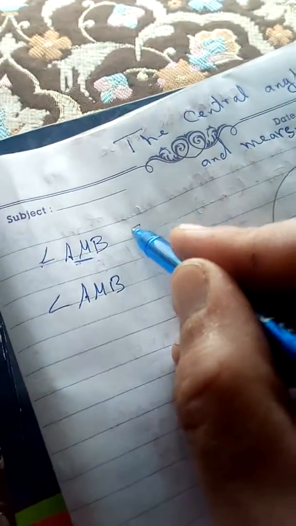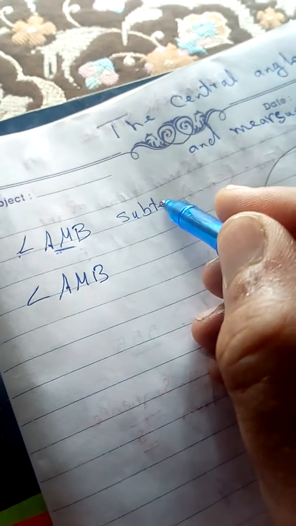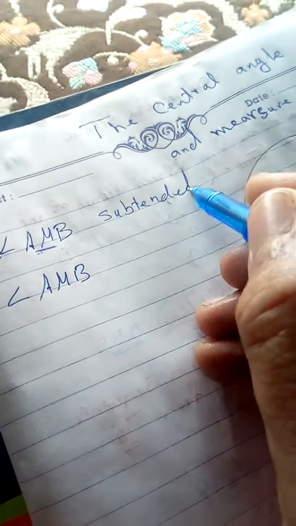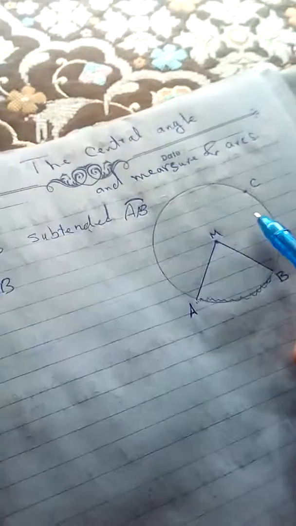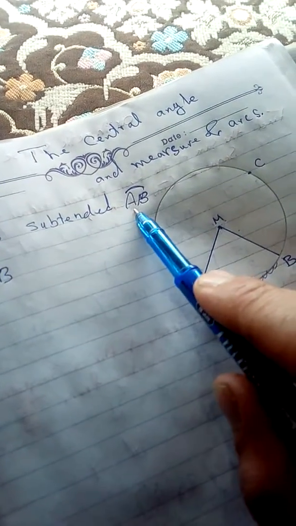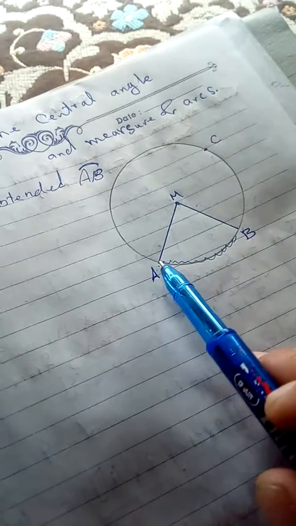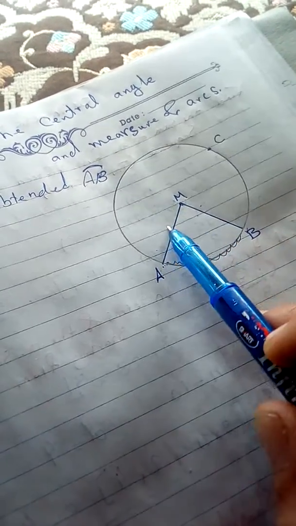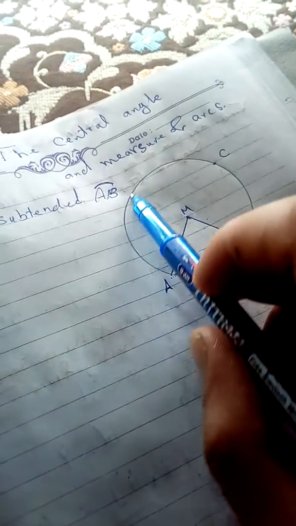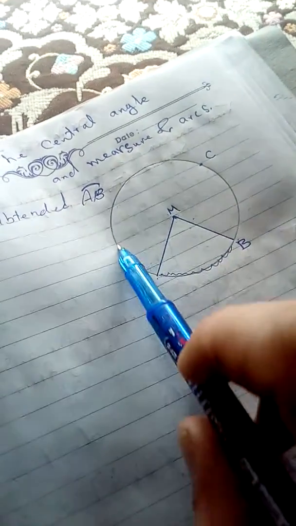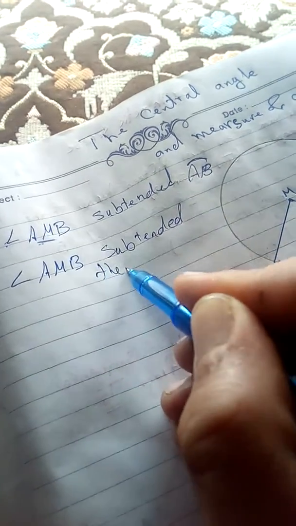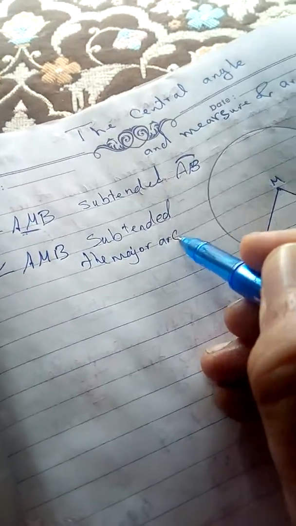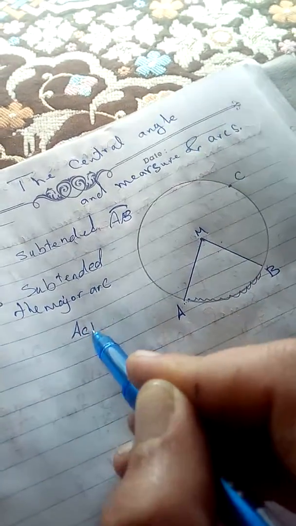It subtends a minor arc AB, and on the other side the angle AMB, which is a reflex angle, subtends this arc, which is called the major arc ACB.